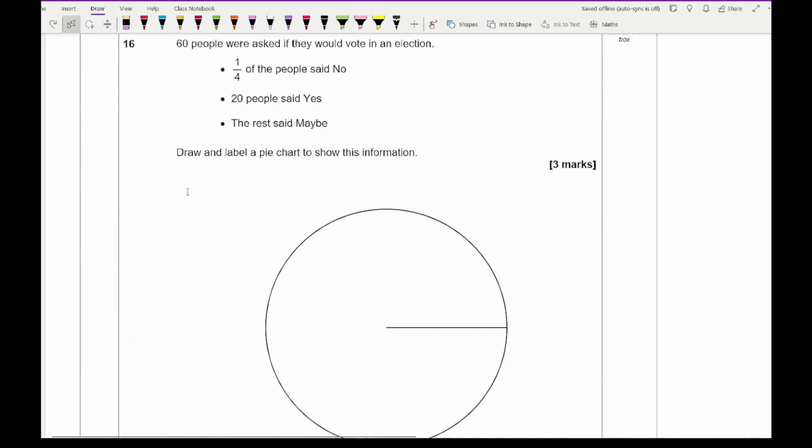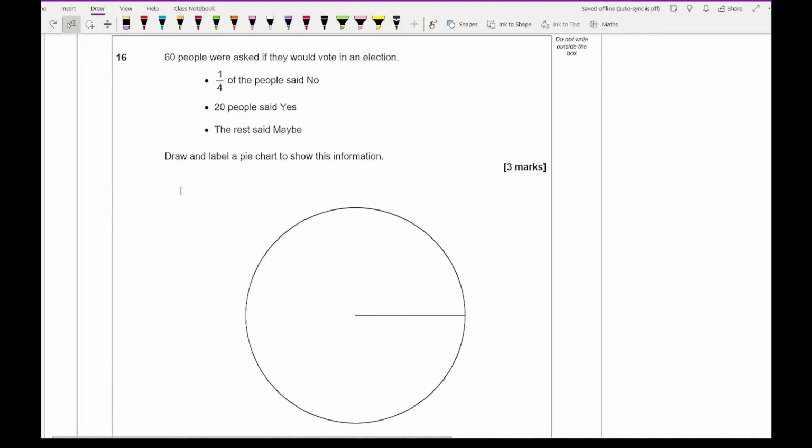Then moving on to question 6, and let me just zoom out a little bit so we can see it all. It says 60 people were asked if they would vote in an election. A quarter of the people said no, 20 people said yes, and the rest said maybe. It says draw and label the pie chart to show this information. So looking at no, we know that's a quarter. So a quarter of the circle equals 90 degrees.